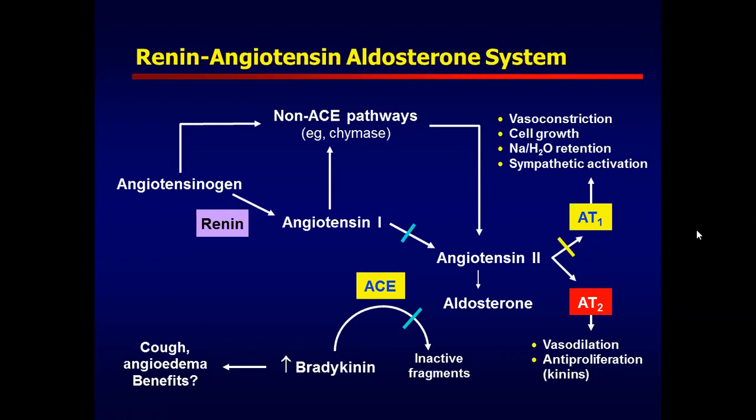And angiotensin 2 receptors are very beneficial to the circulation, very protective. They have antiproliferative and vasodilator effects. So we need angiotensin 2 receptors to work, and we need angiotensin 1 receptors to stop. So angiotensin receptor blockers work on the AT1 receptors rather than the AT2 receptors, with variable affinity towards angiotensin 1 rather than the angiotensin 2 receptors.